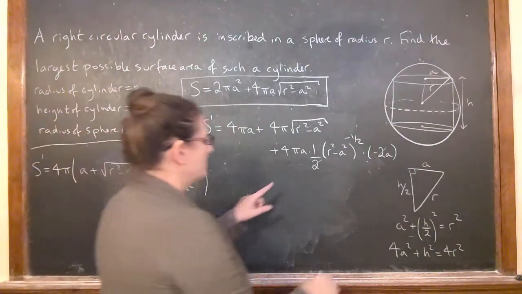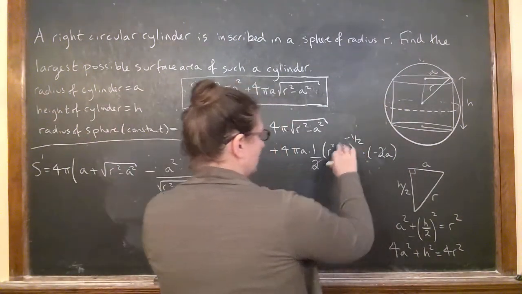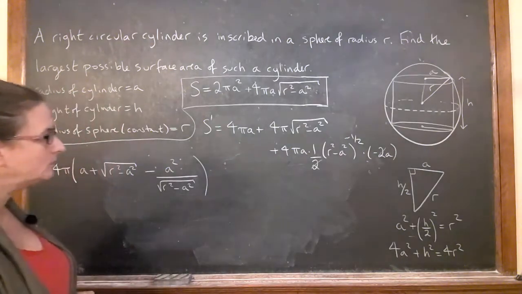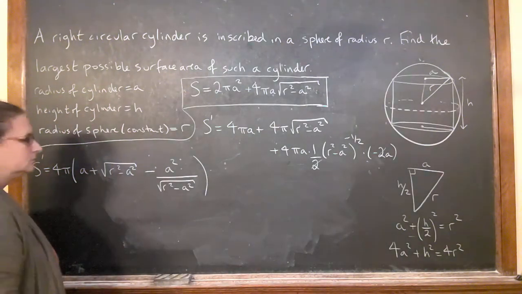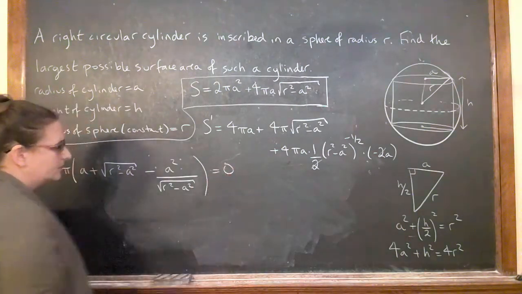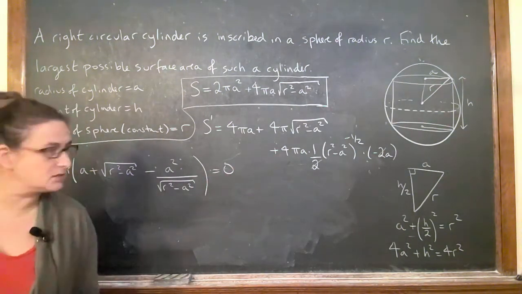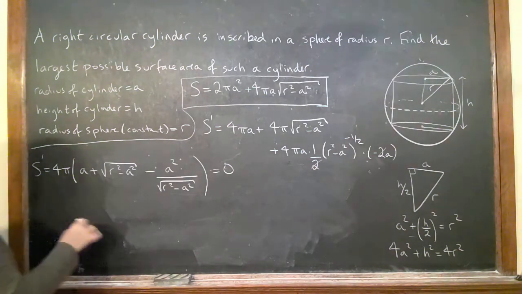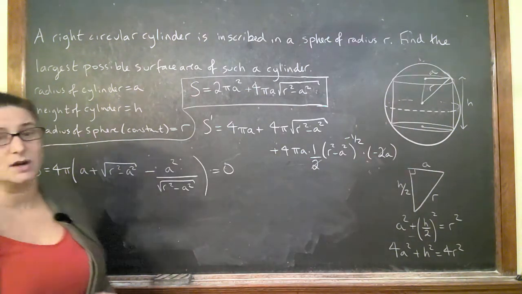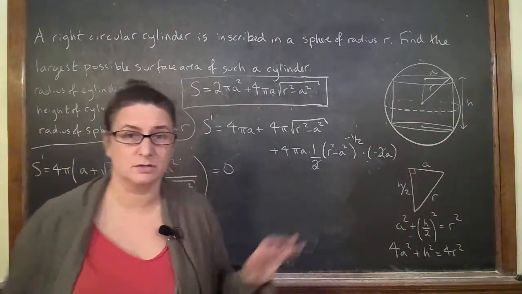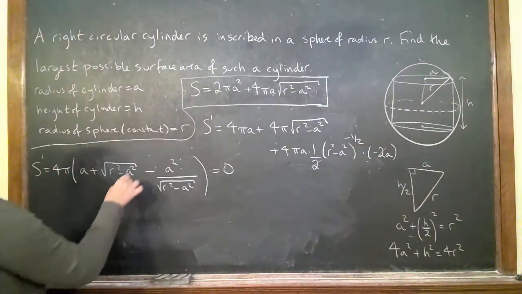Right? Because I get a minus from taking the derivative here of this minus 2a. So this is what I want to let equal 0. Ugh. Kind of gross, right? But such is life. Oftentimes, by the way, if it's a surface area, they can get kind of gross. It's just a lot of stuff.